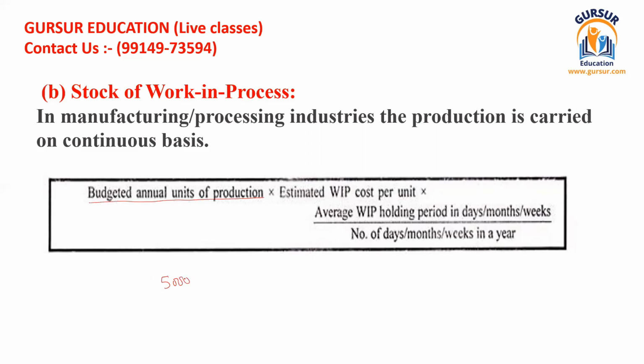Suppose these are 5,000 units, and after that you have to calculate the estimated work in progress cost per unit. This is 6 rupees. Then average work in progress holding period in days or months. Suppose these are 50 days, divided by total number of days, months, weeks in a year. These are 365. And when you calculate this equation, you can get the value of stock of work in progress.